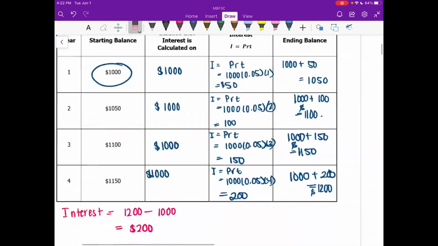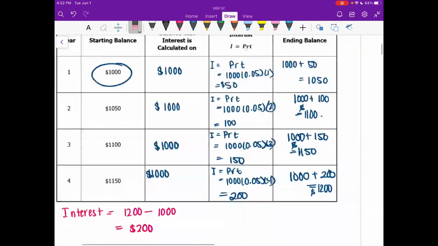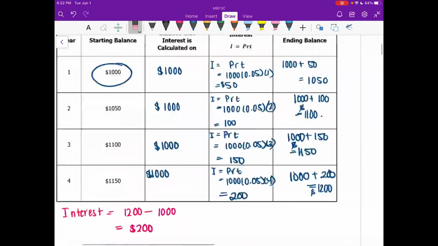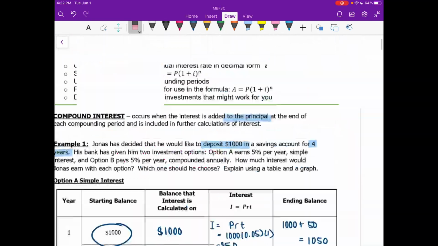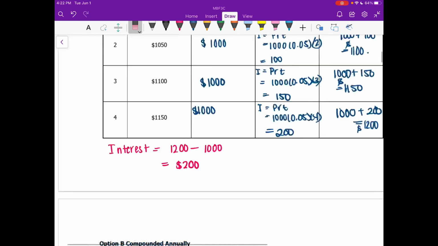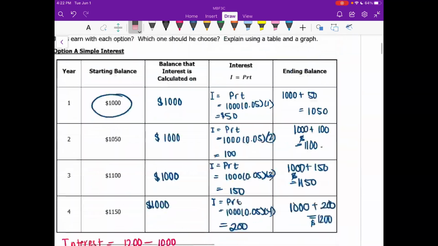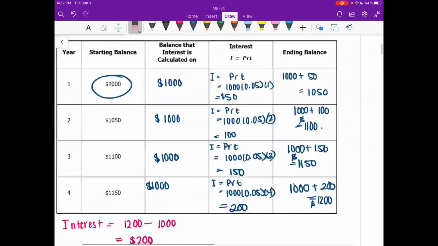Which means that the amount of interest that I earned is going to be 2829.62 minus the original 2000 that I put in, which means I'll have $829.62 in interest. So this person earned $829.62 in interest, for a total of $2,829.62.